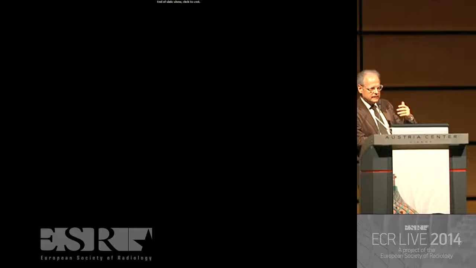That can be an additional parameter to separate these types of tumor. And so I think MRI can have a very interesting role in the diagnosis and follow-up of this type of neoplasm.